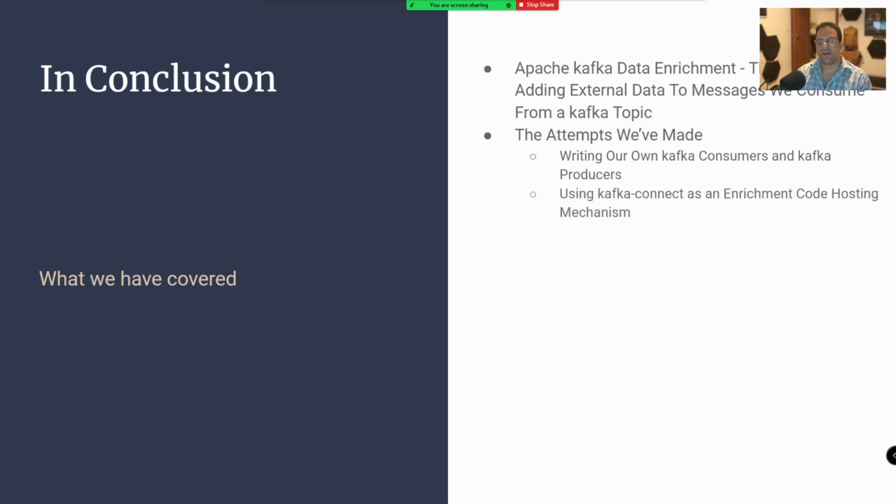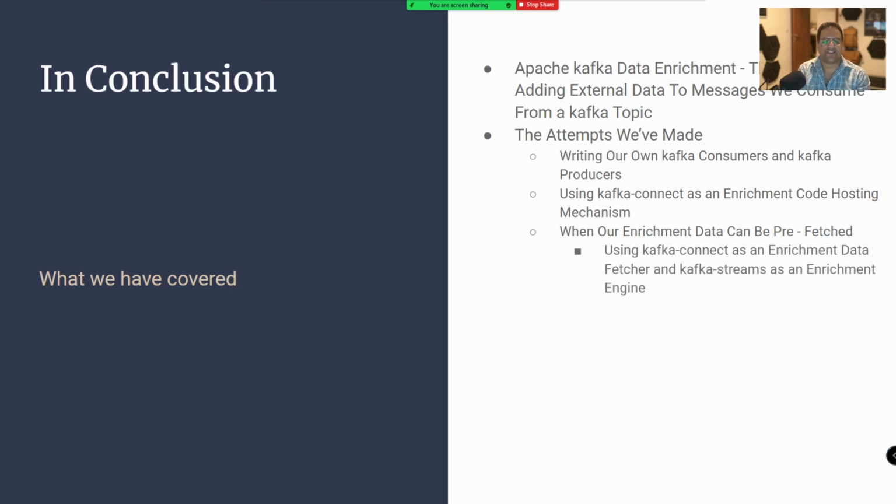And then we tried using Kafka Connect as an enrichment code hosting mechanism. And we understood that when our enrichment data can be prefetched, then using Kafka Connect as an enrichment data fetcher and Kafka Streams as an enrichment engine could be beneficial. And we've also looked at one way to abstract the usage of Kafka Streams, and in this case we did it with ksqlDB.